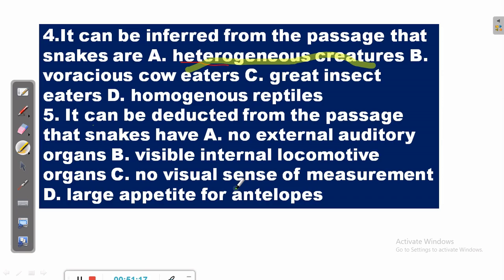So don't yield to such a temptation. Then D, large appetite for antelopes. Of course, here we were told something about the snakes eating antelopes. So that is a clue.